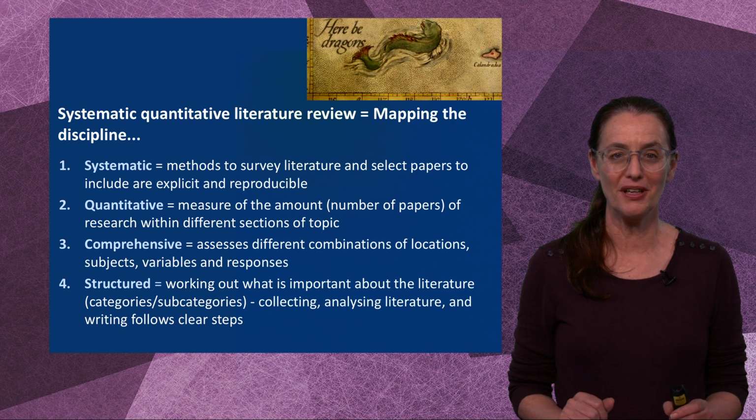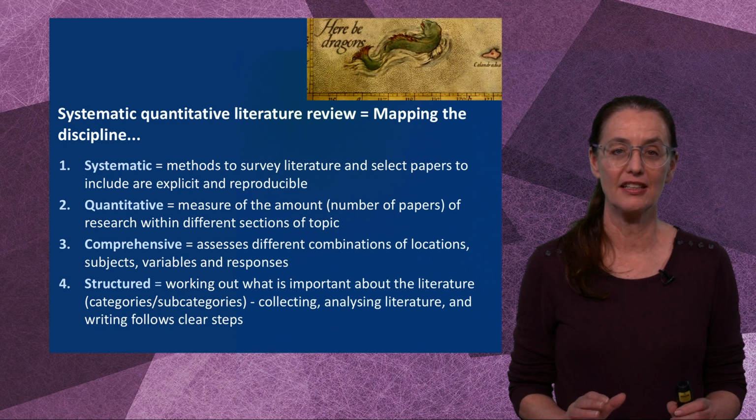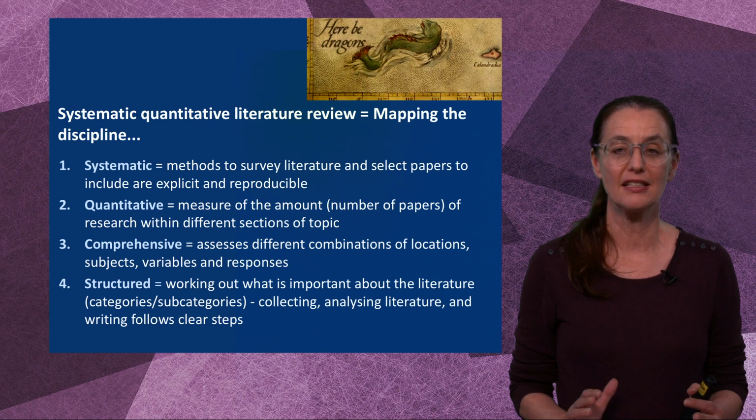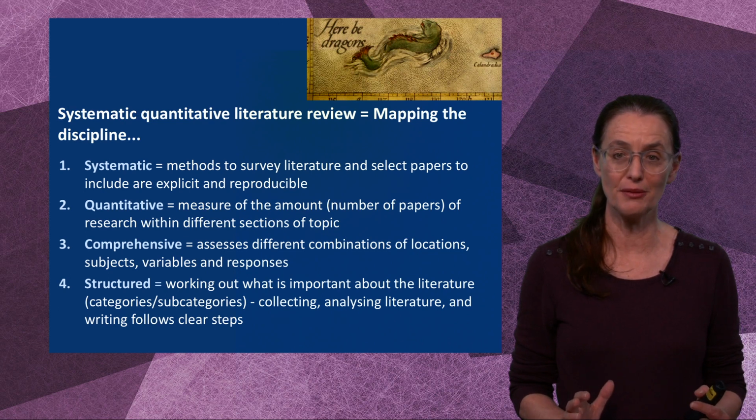So just a quick reminder about what is the systematic quantitative lit review. This is a method for analysing the literature that is systematic in terms of the methods used to survey the literature, to select the literature that's used, usually papers, and the rules for doing so are explicit and reproducible. It's quantitative in that you're going to measure the amount of the literature, usually the number of papers, within different sections of the topic.